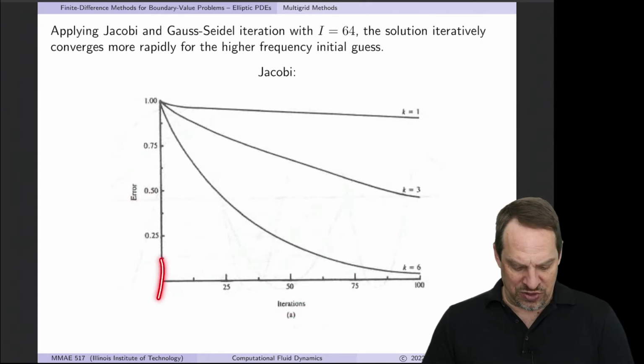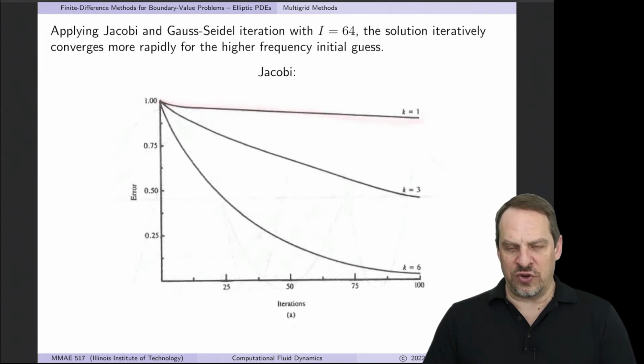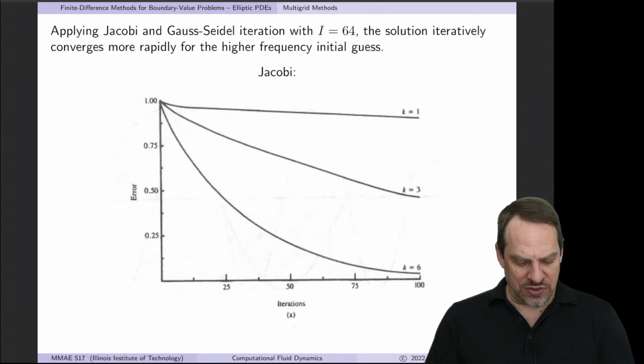So starting here with our initial guess, and this is after 100 iterations. The error here is normalized, so it always starts at 1. And you'll notice that for k is equal to 1, the iterative convergence is extremely slow. Remember, this is the 1 half sine wave, so it's a low frequency mode, and it's a very slow iterative convergence.